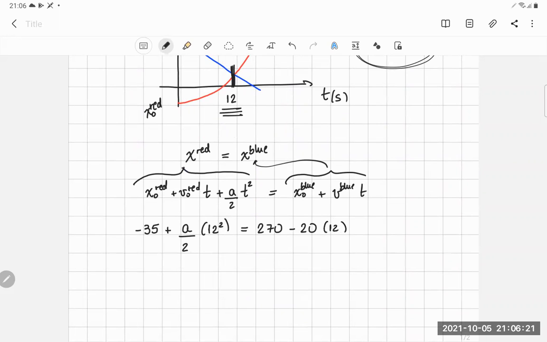So now everything is numbered except for what we want to find, which is this acceleration. So you should be able to find it now, okay? So this is the solution of this problem. So you see that you had to read carefully all the pieces of information from the text, but you also had to look at the graph to get that information that they meet at 12 seconds.